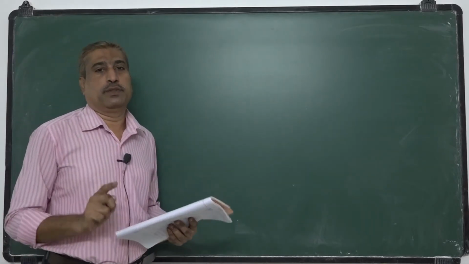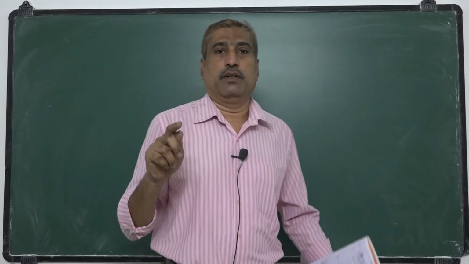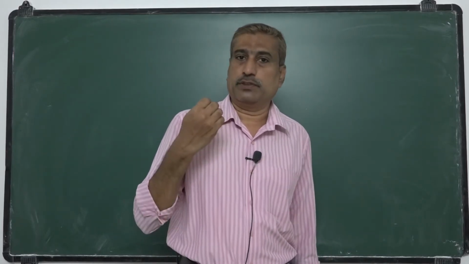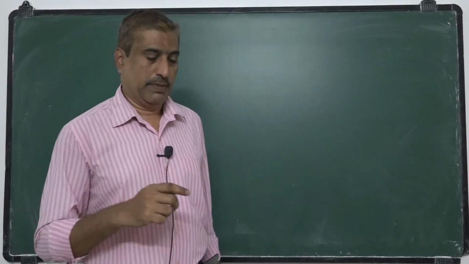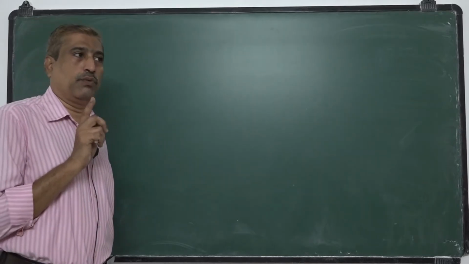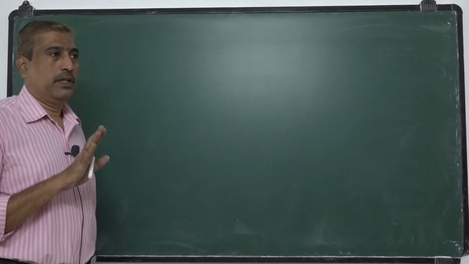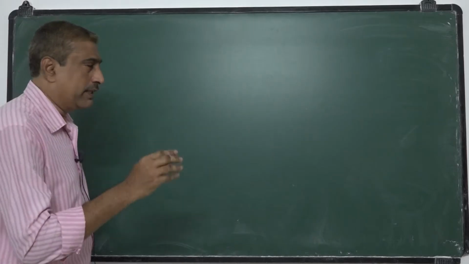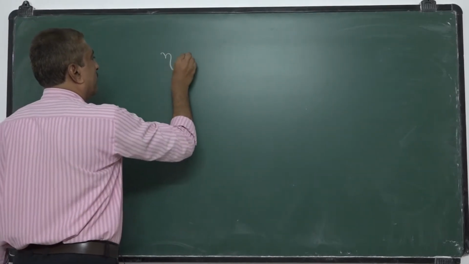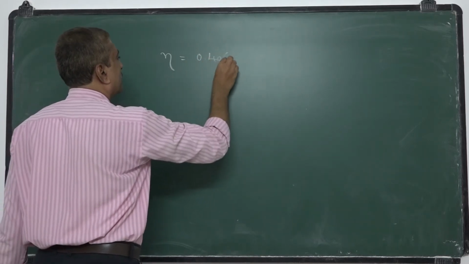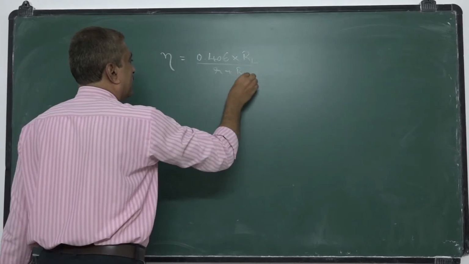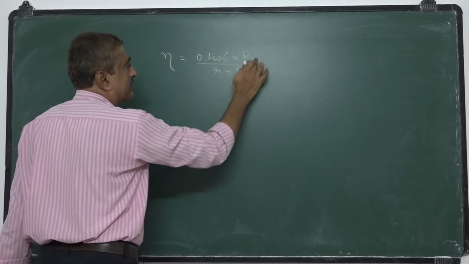As you know, a diode conducts in forward bias and offers infinite resistance in reverse bias. When the diode is used as a rectifier, the efficiency of a half wave rectifier is given by eta equals 0.406 into RL by (r plus RL) into 100, where r is the forward resistance of the diode and RL is the load resistance.